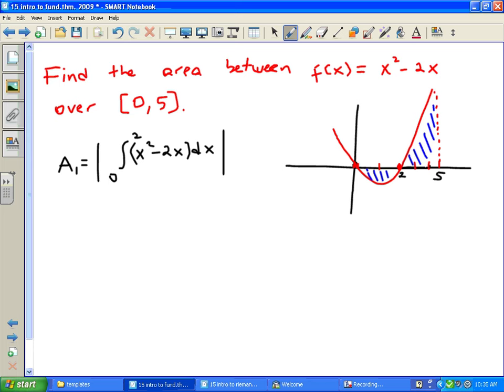Don't take absolute value in the intermediate process, but finish this integration. You're going to get a negative answer, and you must get a negative answer because you see the region is negative, and then make sure you make it into positive. Then find the second area, A sub 2, which will be the integral from where to where? 2 to 5 of the function f of x dx, which is x squared minus 2x dx. Once again, same function, and that you expect to get a positive answer. At the end, we're going to add the two.